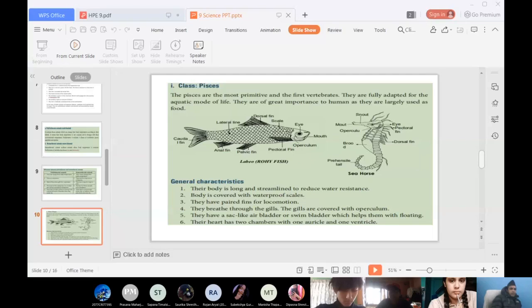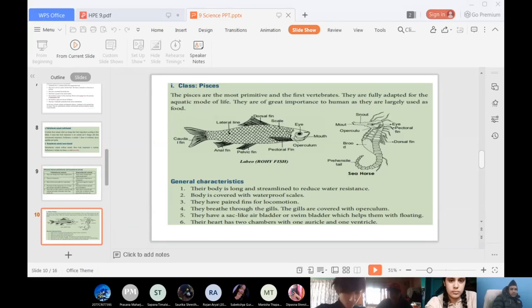Second point you can write: their body is covered with waterproof scales. You can see these small parts here. So they are waterproof scales. Waterproof means water cannot enter easily.